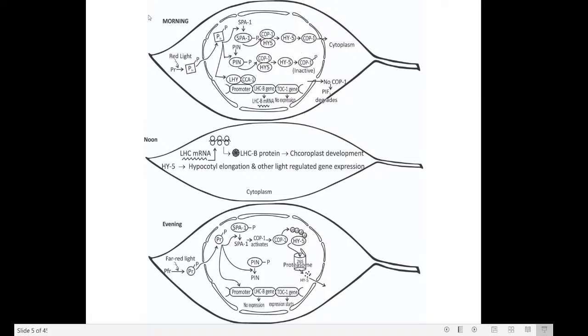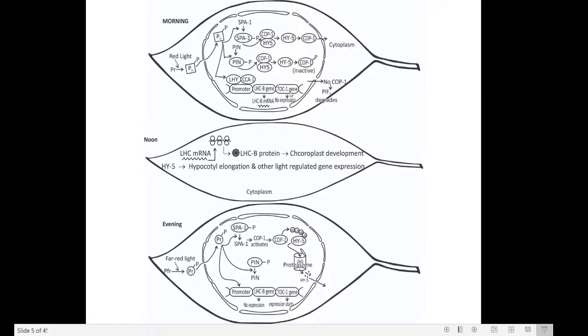In the morning, with phytochrome 2, the red light part, the pathway is activated, and the expression of the TOC1 gene does not happen. That mRNA expression helps to produce chloroplast development. It helps plant growth.